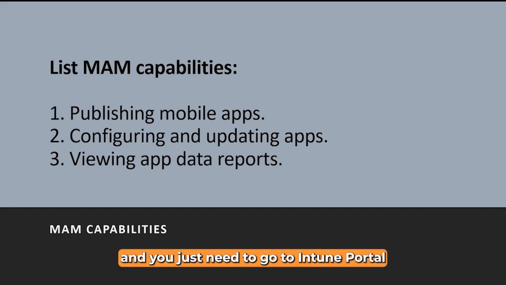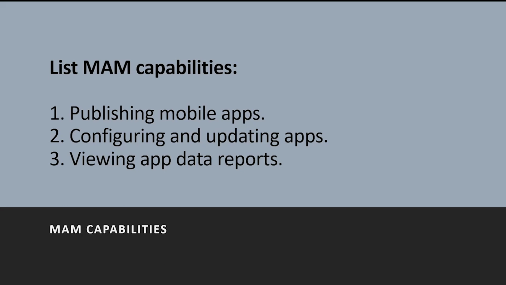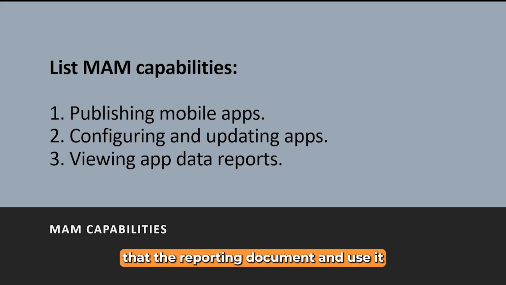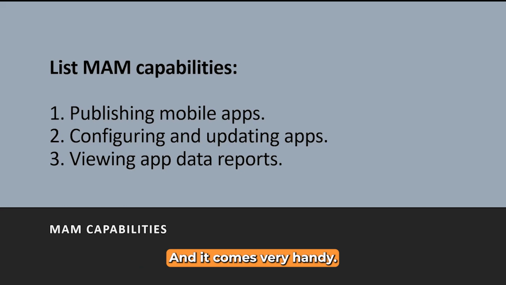You just need to go to Intune portal and you will have all that data on one page. You can extract that reporting document and use it to circulate it in your management if you want, and it comes very handy.